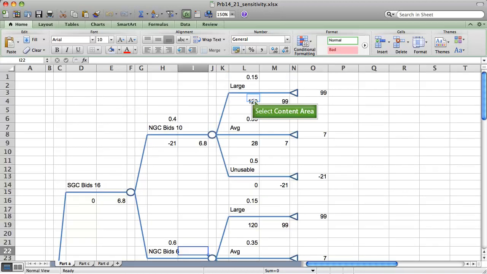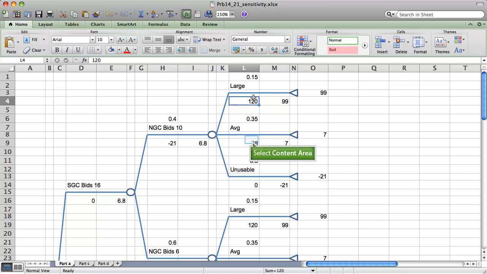Then we only have to consider payoff. This is a drilling site, so it's going to return a certain amount of resources, and that's going to be valued. If that's a large payoff, 120 million, average 28 million, and of course if the site is unusable, it's not going to generate any payoff.